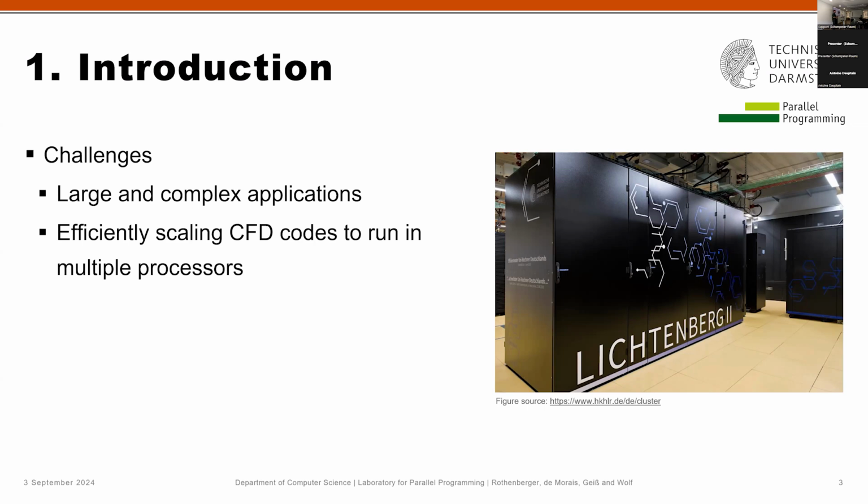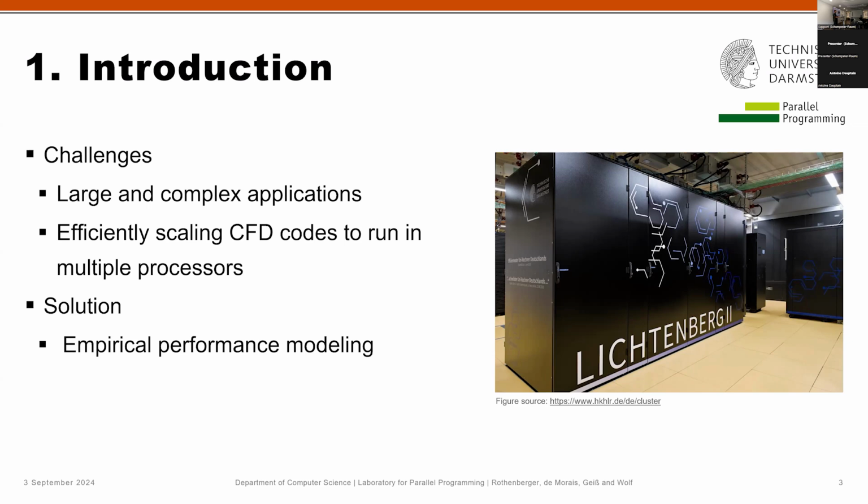It's fundamental for us to understand and efficiently know how to scale our CFD applications when using clusters, especially when increasing the number of processes. The solution we present here to help us understand our applications is the use of empirical performance modeling, especially with our tool, Extra-P.